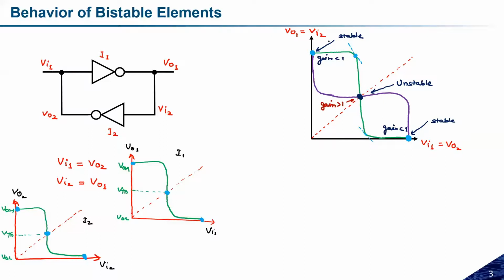So stability is decided by this butterfly curve. Later on we will check how we can calculate the stability of any circuit by considering this. I will tell you in more detail when we talk about the SRAM cell, where we will discuss the butterfly curve, stability, and other things.